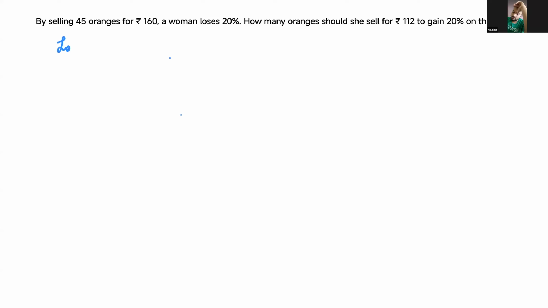But she is having a loss, no? So we don't know the cost price. So let the cost price of 45 oranges be X.